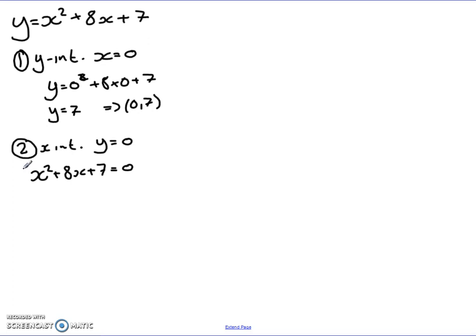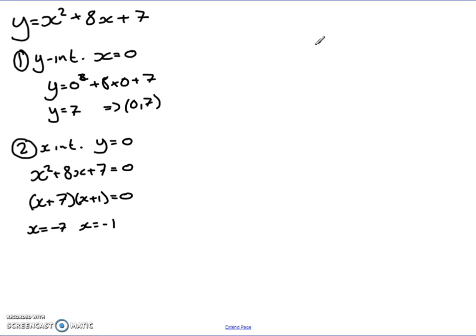No, there's not one. Difference of two squares? No, it's not that format. It's a trinomial. Factorising the trinomial, we get (x plus 7)(x plus 1) equals 0. Then we get our two solutions from the brackets. The first bracket tells me that x equals negative 7, and the second bracket tells me that x equals negative 1. So there you go, I've got my two roots.